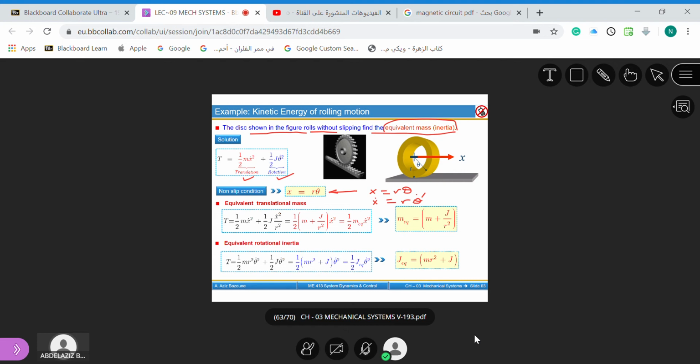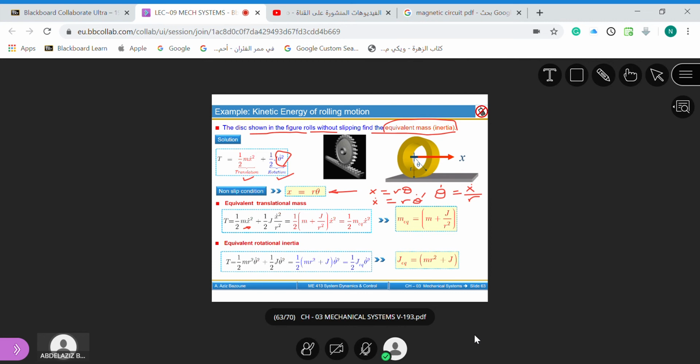So if we write the equivalent translational motion, we can write half m x dot squared. This is x because x is translation. And we can substitute theta dot by x dot over r, so theta dot squared is x dot squared over r squared.